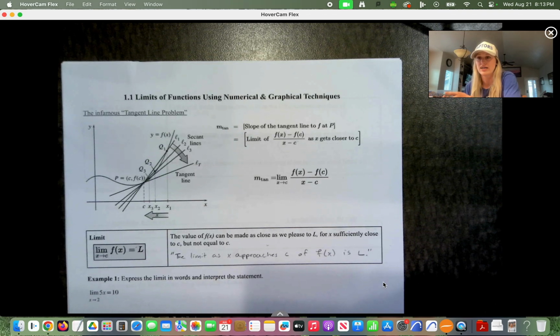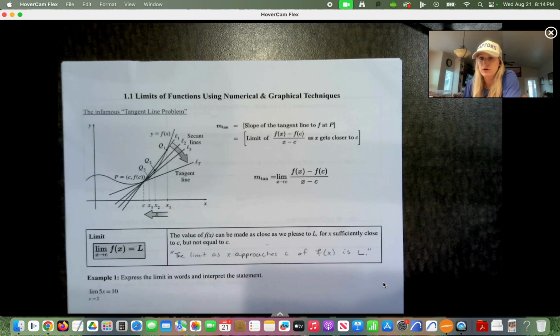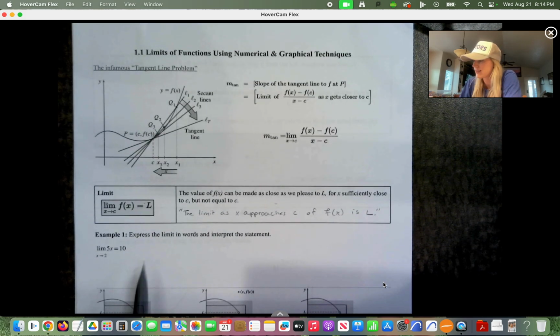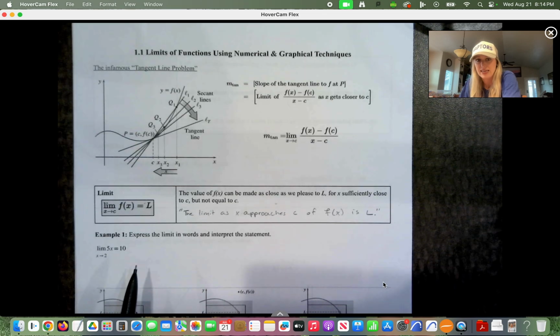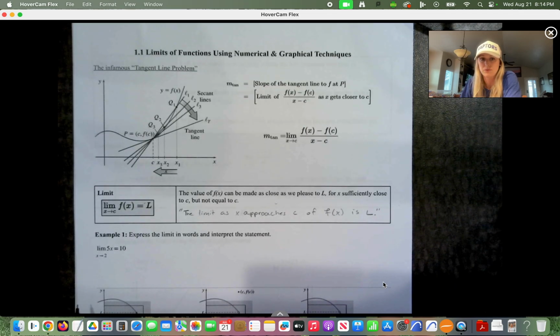And why we're interested in that slope: remember, it represents average rate of change. So we want to know about instantaneous change in calculus. We want to know about change at that specific point, not between 2 points that are far away. So for this first part, we're going to practice writing this in words, practice saying it, and then interpret what it means.